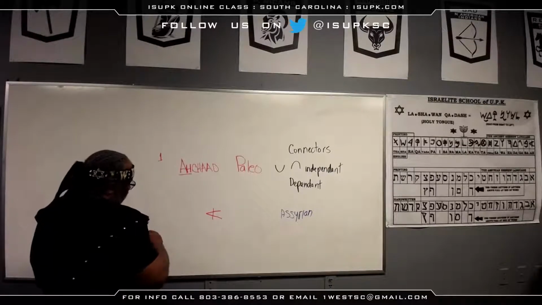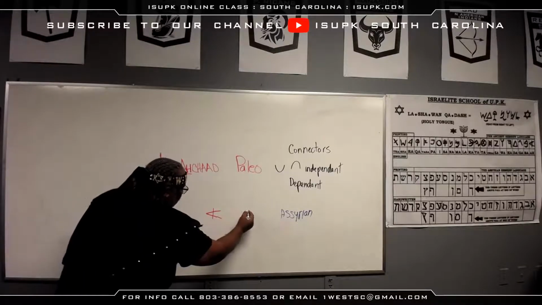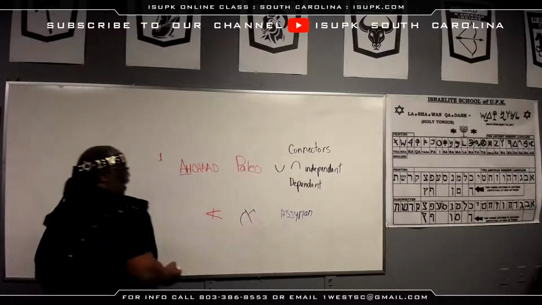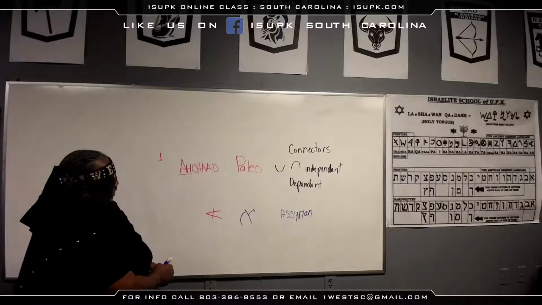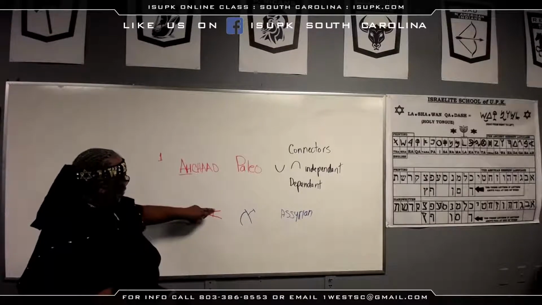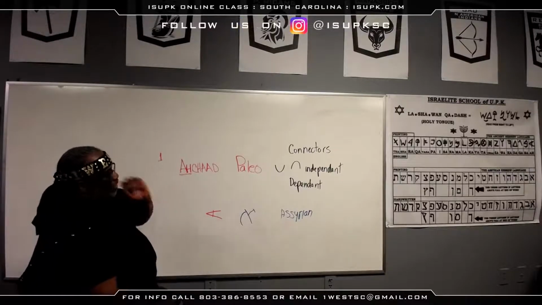In the Assyrian, it looks like this. Let's see. Like that. All right? Now, you know there's a big difference there. I mean, there's no rhyme or reason. So some people get up here and the first thing they want to know is, how do I learn Assyrian?